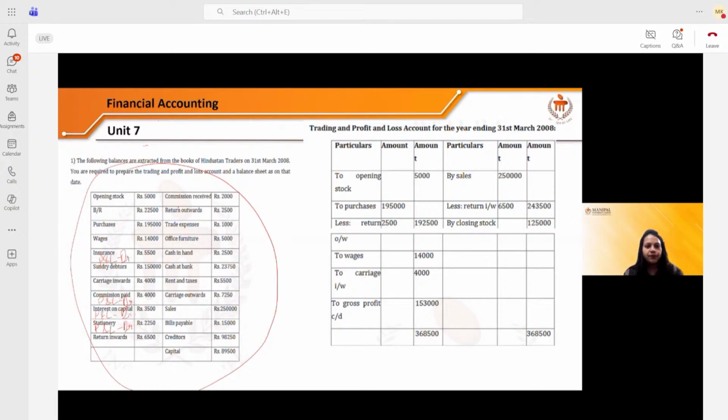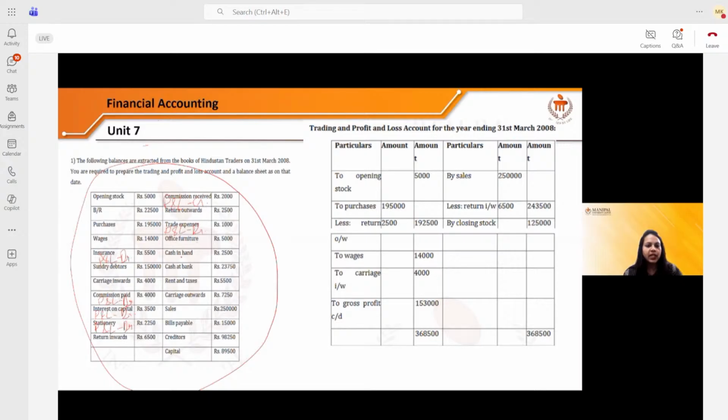Written word, no. Commission received, yes. Profit and loss account, but it is the credit side because it is income. Commission received is income. Trade expenses, yes, debit side because it is expenses.